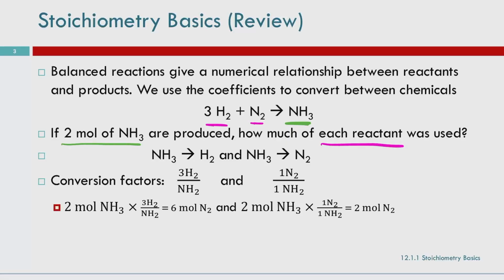We're starting with the number that we were given, the 2 moles of NH3, and we're going to 2 other chemicals using the coefficients. So we can pull out conversion factors. 1 NH3 is produced for every 3 H2 put in.